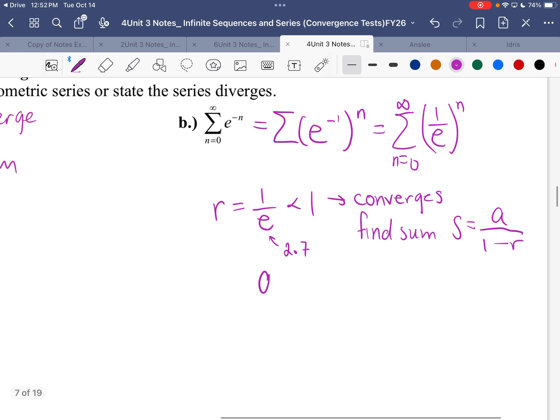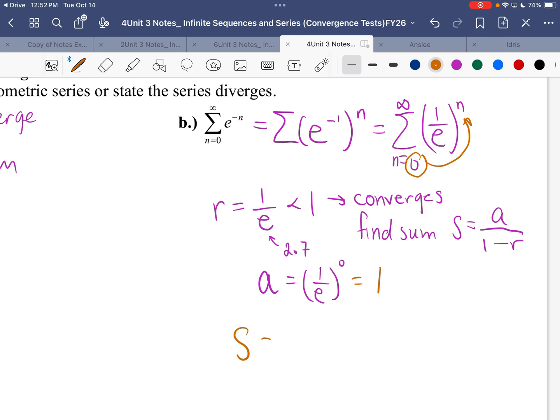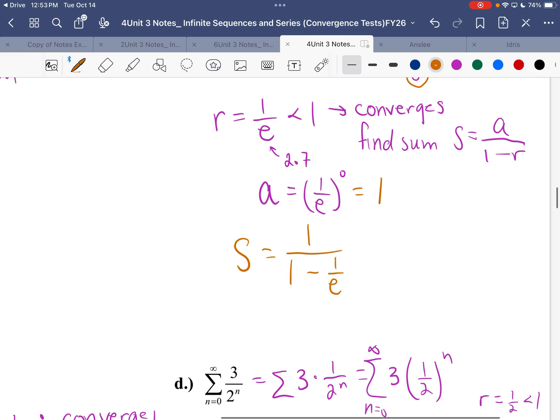What would a equal? What's the first term? 1. You have 1 over e to the 0 because n is 0. So I'm starting at 0. I'm plugging that in to get a, which is 1. So if S equals 1 over 1 minus 1 over e. Ooh, that was fun to say.